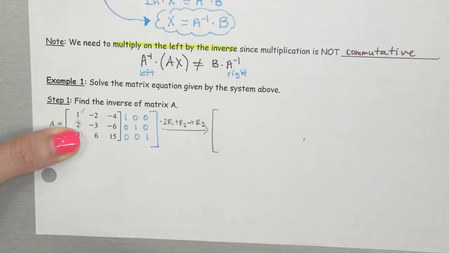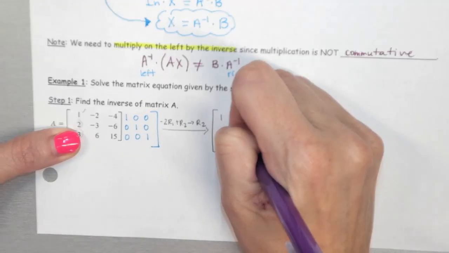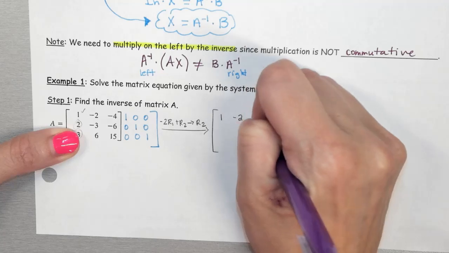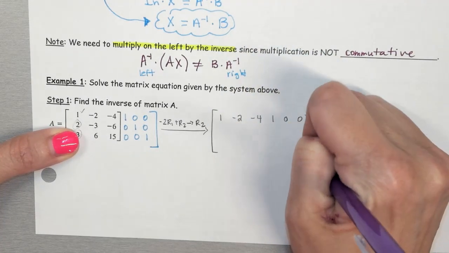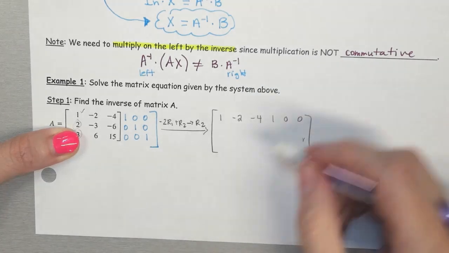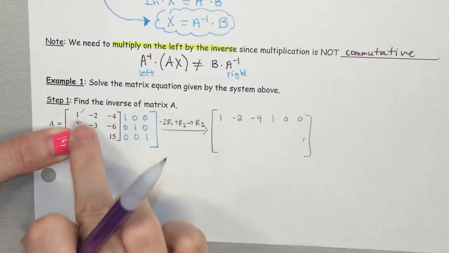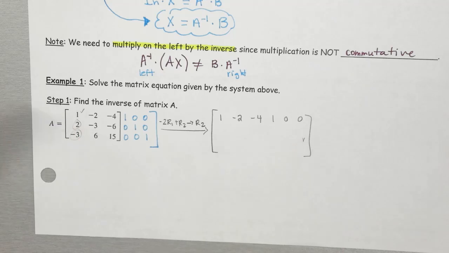We keep row 1 the same: 1, negative 2, negative 4, 1, 0, 0. I want you to take the time now to do this process to find your new second row. That way if you make a mistake or run into an issue, you can figure it out now.